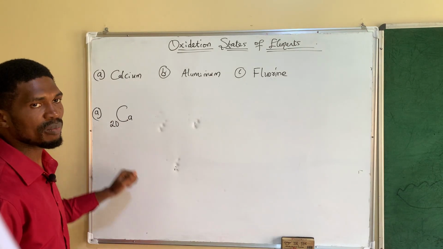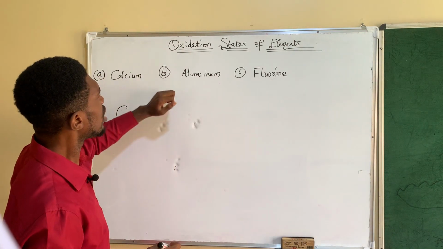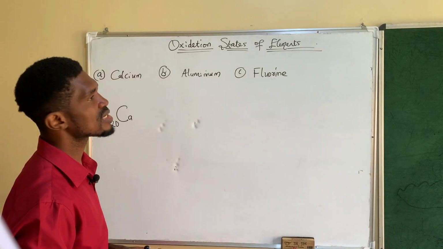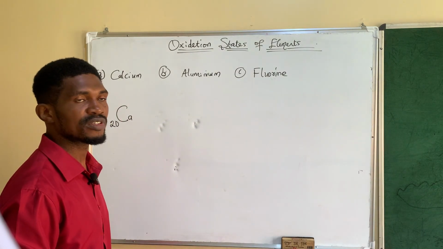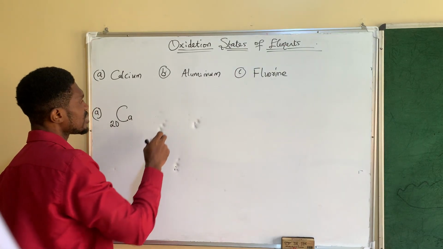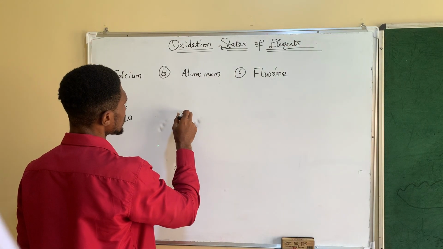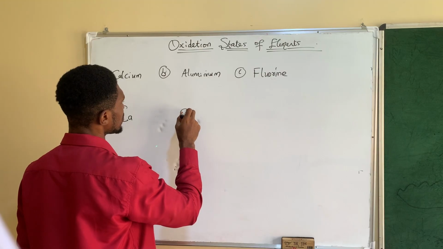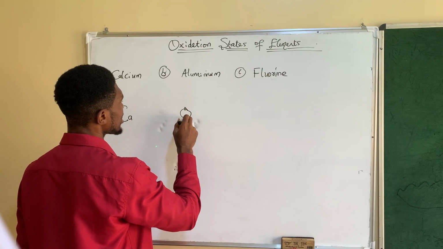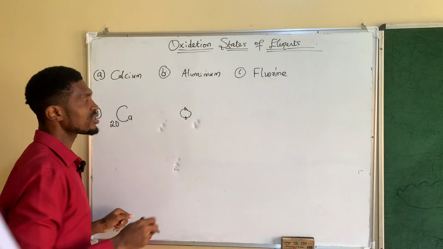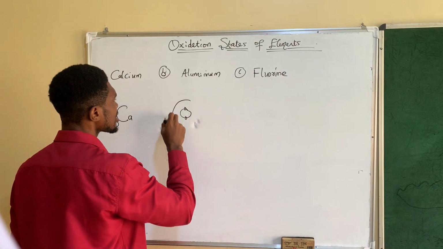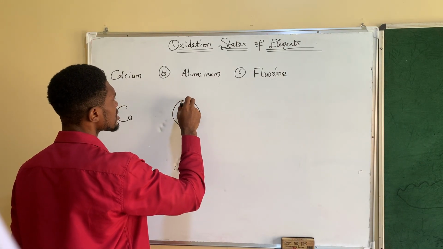You need to know the atomic number of calcium to be able to know the oxidation state using the electronic configuration. The first shell takes a maximum of 2 electrons. The second one takes a maximum of 8.